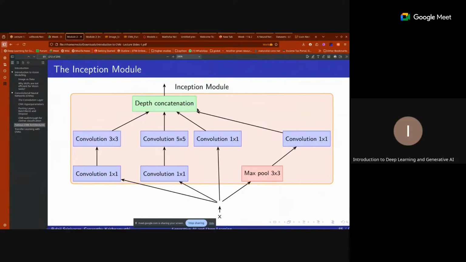Depth concatenation means, assume we are using a 3x3 kernel with 5 filters. There will be 5 images here. If the number of filters is the same across everything, you will have 5, 5, 5, and here it will be 25 filters that we have to use, right?